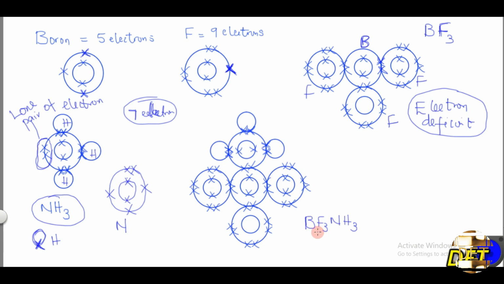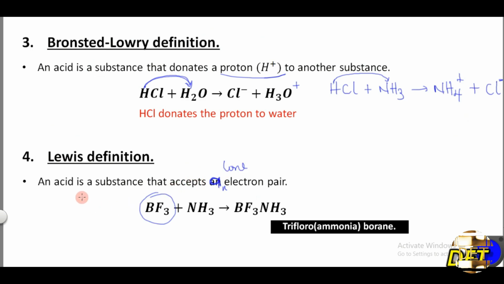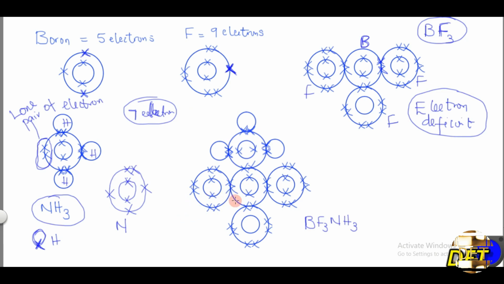And this compound is known as trifluoroammonia borane, right? So the boron trifluoride is accepting that lone pair of electrons, and that is why it is called what? An acid. According to the Lewis definition, an acid is a substance that accepts a lone pair of electrons, right? So we've illustrated that here.